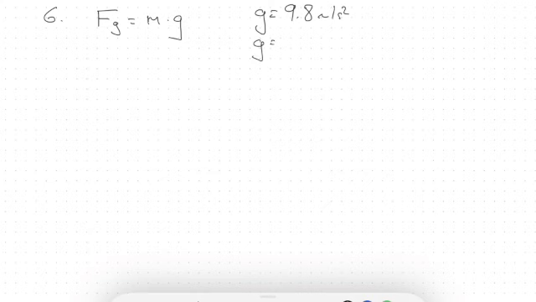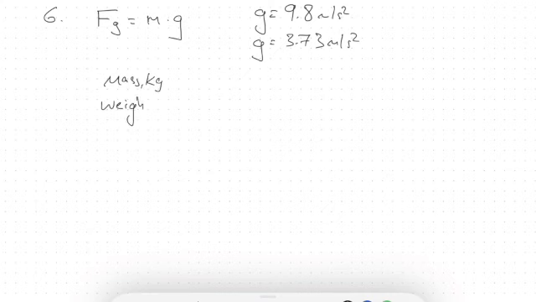One of the first equations we learned in this section is force of gravity equals mass times gravity. On Earth, this g is the 9.8 meters per second squared, but it's a different number on Mars. That's that 3.73 meters per second squared. So remember, mass is kilograms, but weight is actually a force, is newtons.